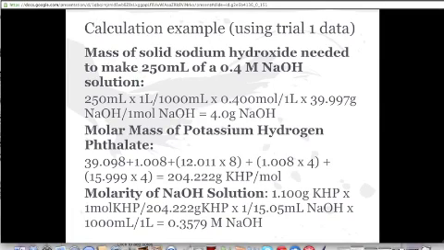And finally, multiplying by 1 over 15.05 milliliter sodium hydroxide, which is the volume that was needed to complete the titration. And finally, we convert the whole thing to liters. And at the end, we get 0.3579 molarity of sodium hydroxide for the data that we got from trial 1.